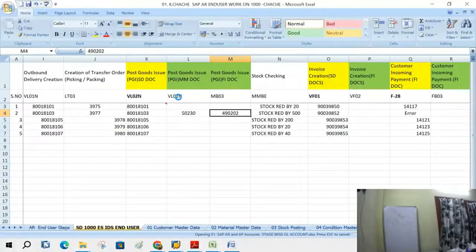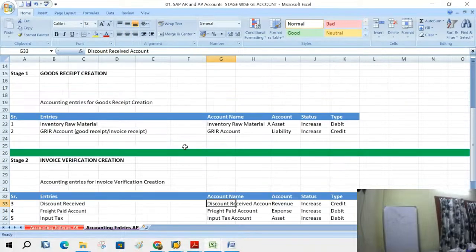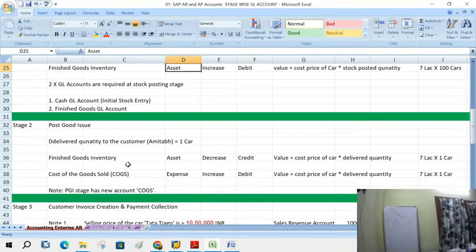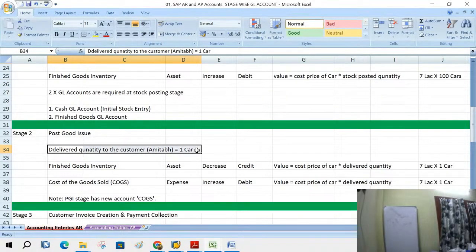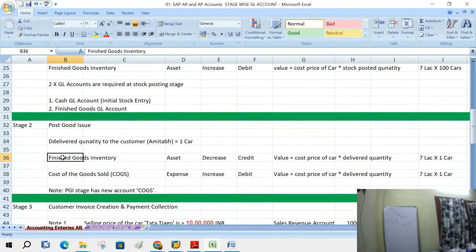In the post goods issue stage, the two GL accounts are going to be, delivered quantity to the customer is one car, here we are talking 500 cars. The two GL accounts are going to be finished goods inventory and cost of goods sold, correct?